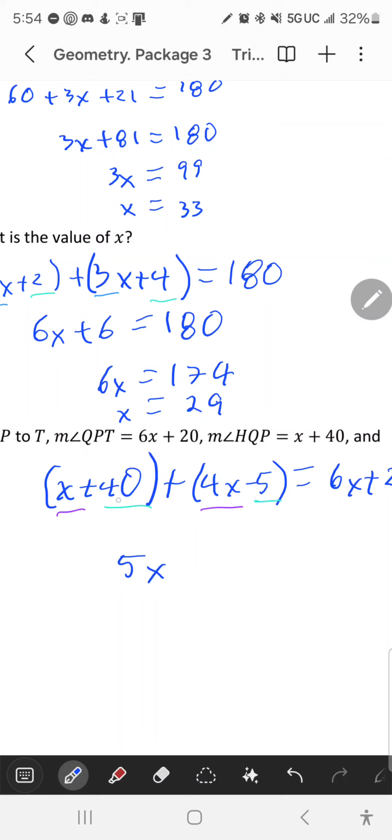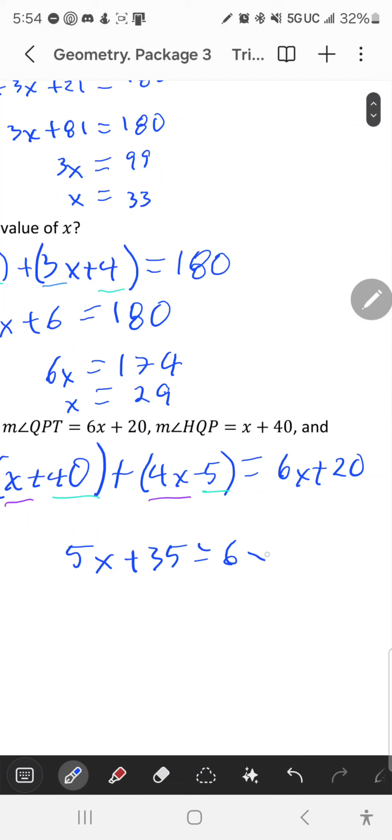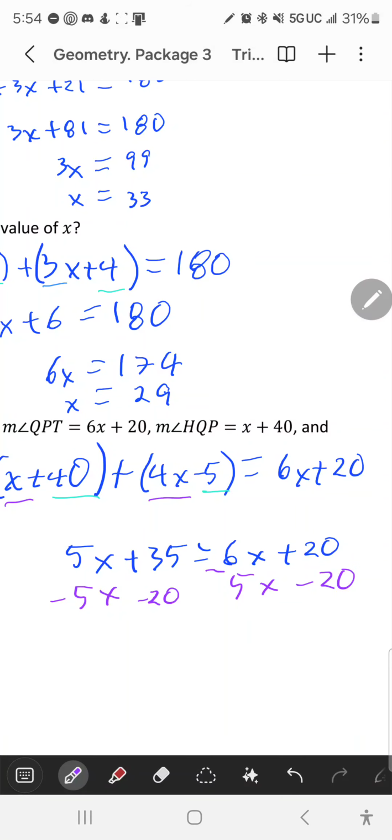Now 40 minus 5 is just 35, so plus 35 equals 6x plus 20.